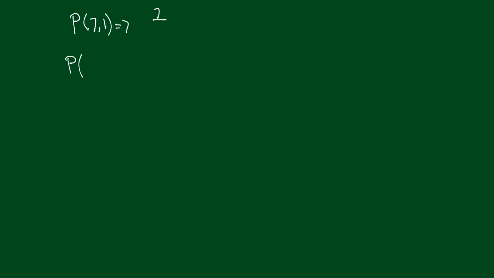So the number of permutations of 7 objects, one at a time, is the 7, the total number that you have, factorial, over the difference, the first minus the second. 7 minus 1 factorial. So you get 7 factorial over 6 factorial.